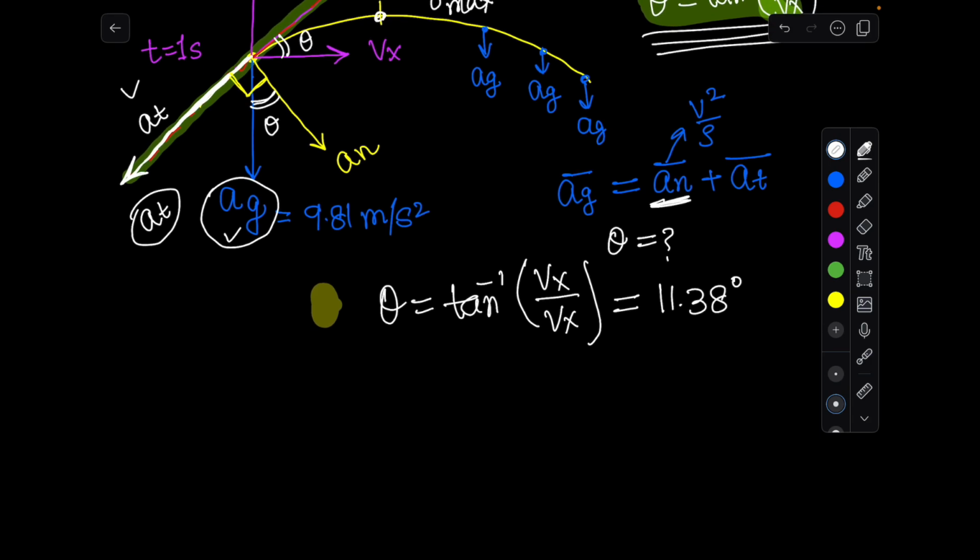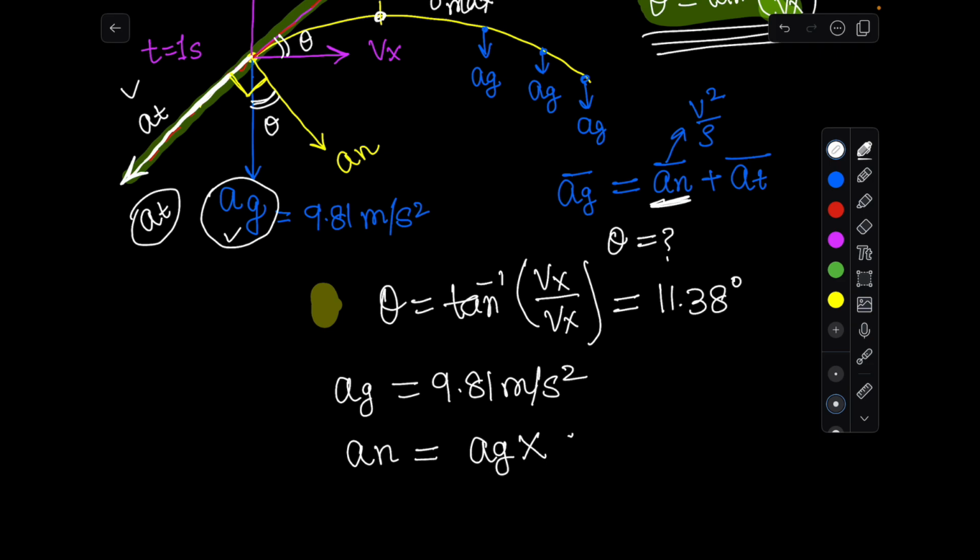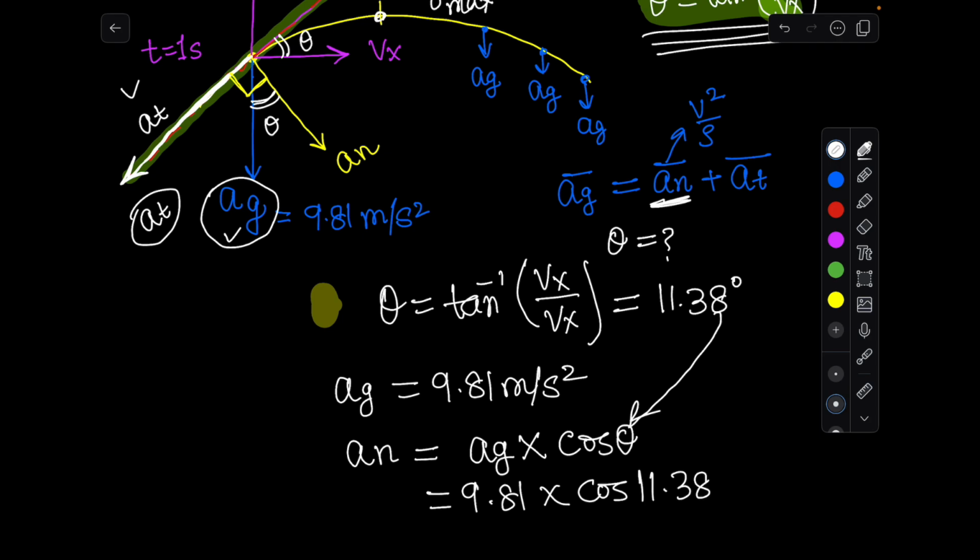AG is already known, it is 9.81 meter per second square. So AN is equal to AG multiplied by cos theta, that is 9.81 multiplied by cos 11.38.